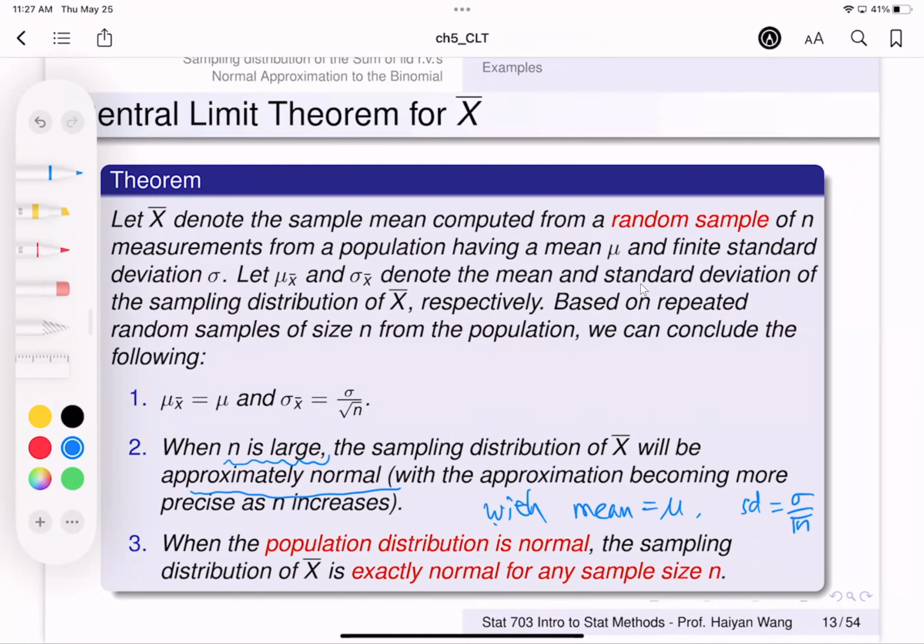On the other hand, if n is not large, we need to make an additional assumption that the population distribution is normal. If the population is normal, then the sampling distribution of the average will be exactly normal, regardless of how big the sample size is.